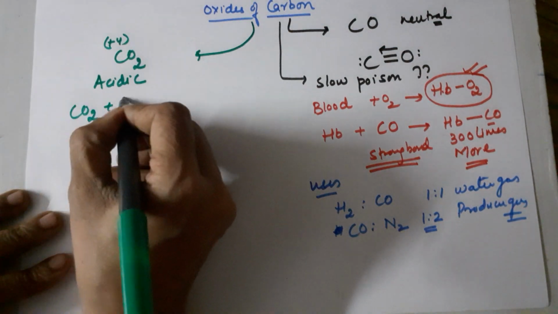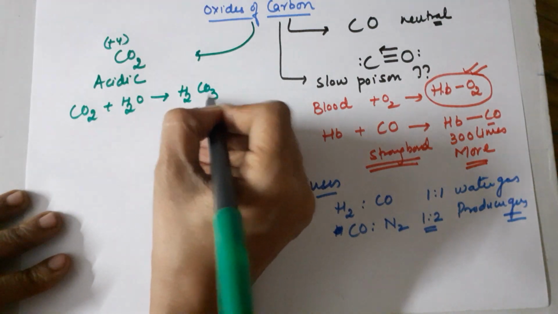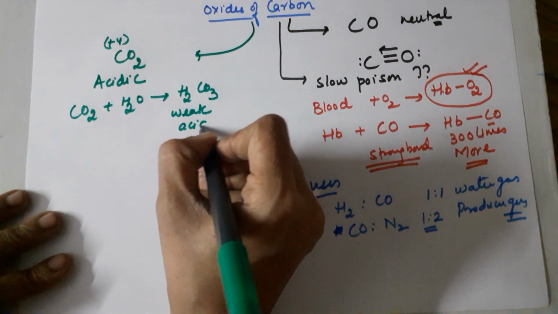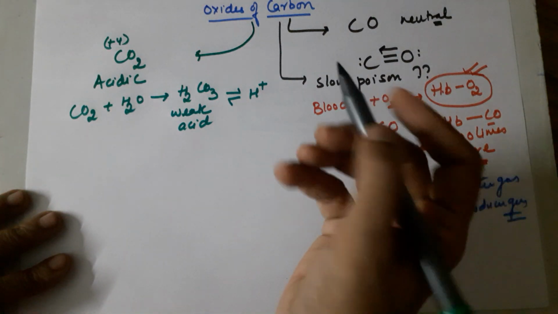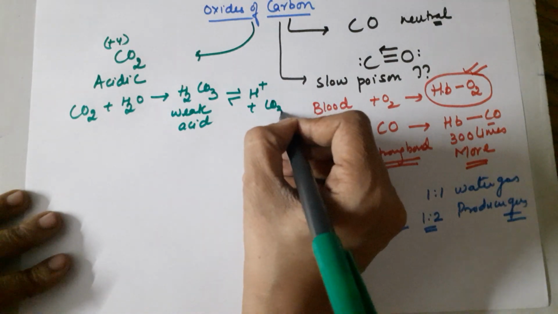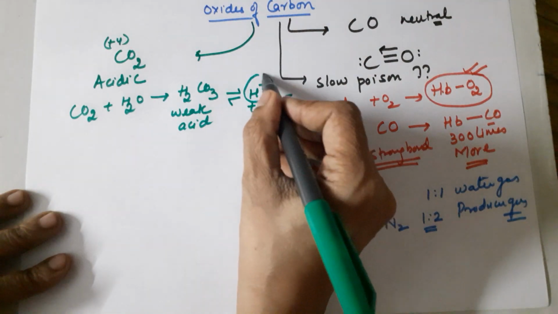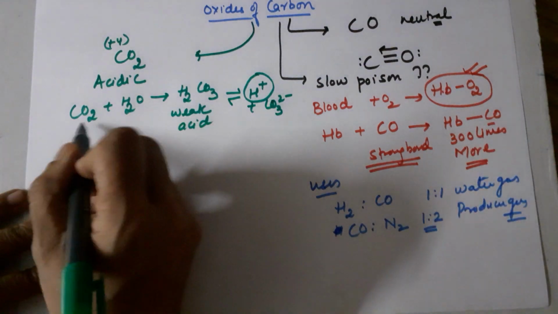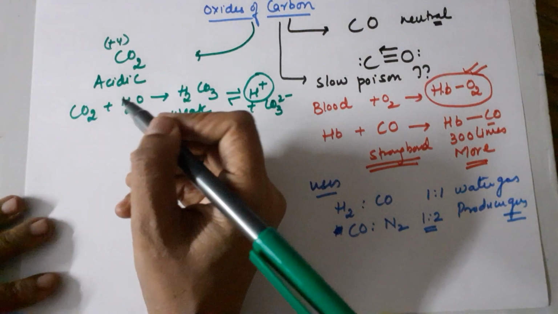Because carbon dioxide dissolves in water to form carbonic acid, which is of course a weak acid, but does dissociate to give H positive and carbonate ion. So you do show a presence of H positive by the litmus, or all your cold drinks are acidic owing to the presence of carbon dioxide in them.